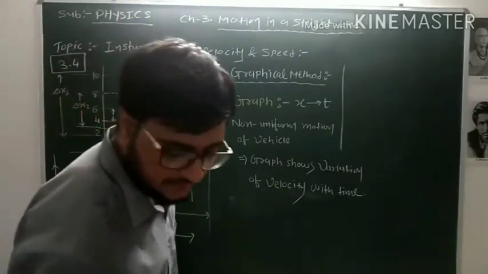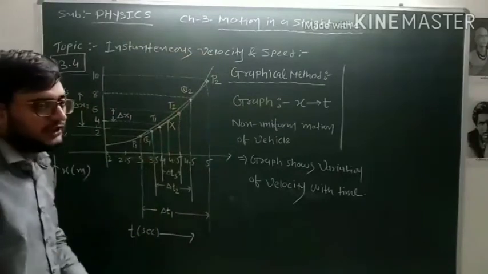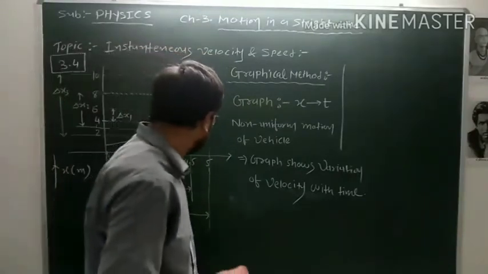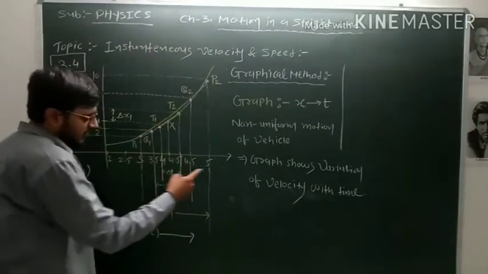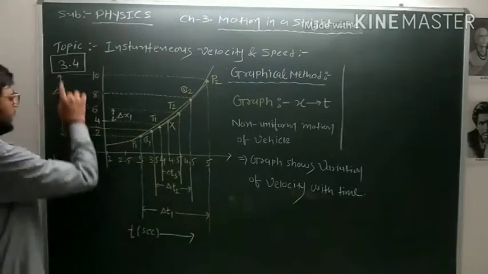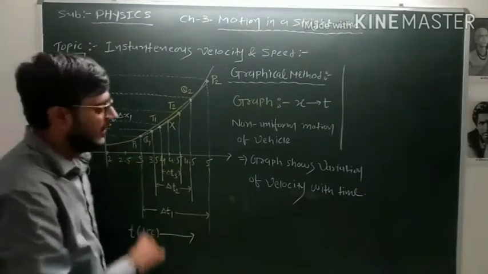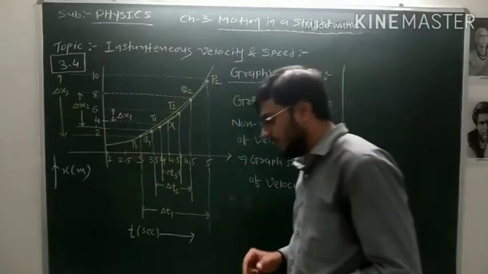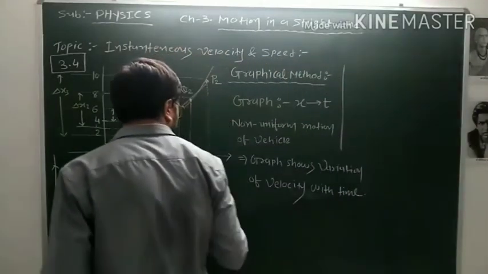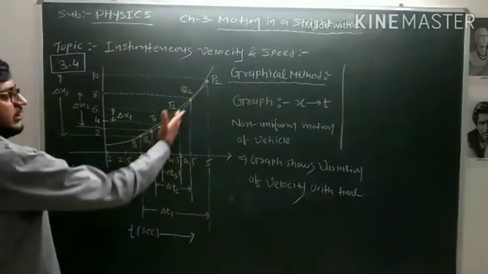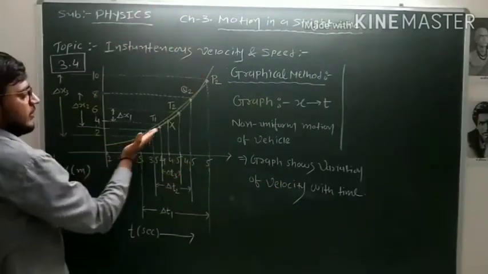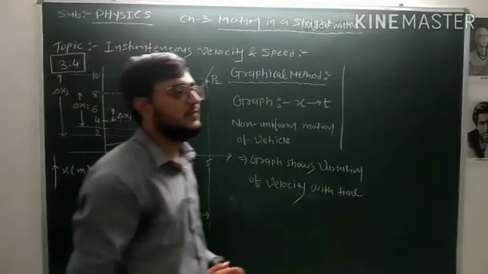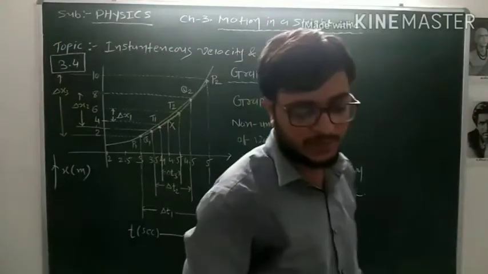The graph given is x versus t, distance versus time graph. The time is on the x-axis and the distance is on the y-axis. That is the non-uniform motion of the vehicle, and the graph shows the variation with respect to time.